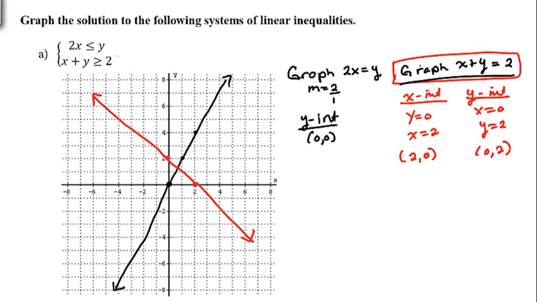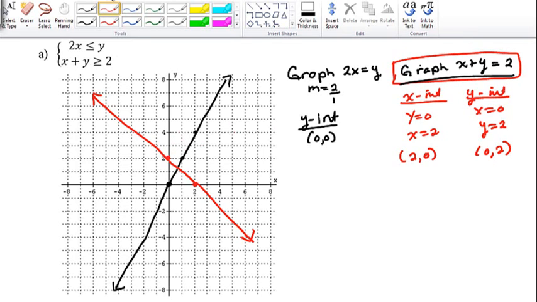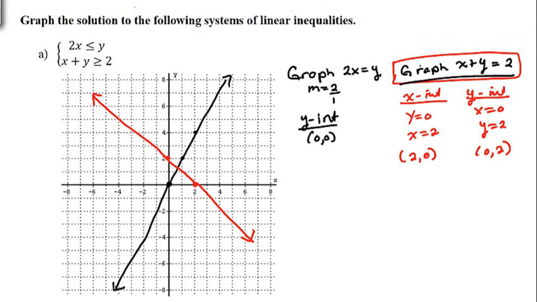So now I need to do some testing. I need to figure out where the solution is for this system. You want to pick some point that's not on either one of our lines. Let's see, where would an easy point be? Right here.